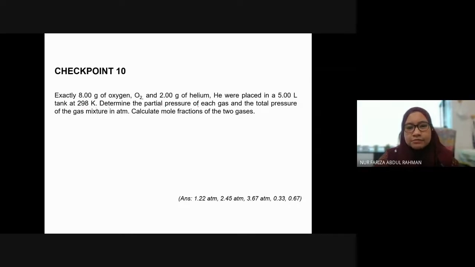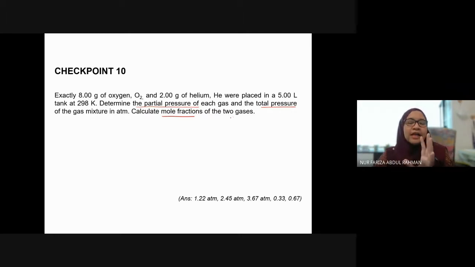Determine the partial pressure of each gas and the total pressure of the gas mixture in ATM. You also need to calculate the mole fraction of the two gases. So there are three questions here: the partial pressure of each gas, then the total pressure, and last but not least, the mole fraction of the two gases.